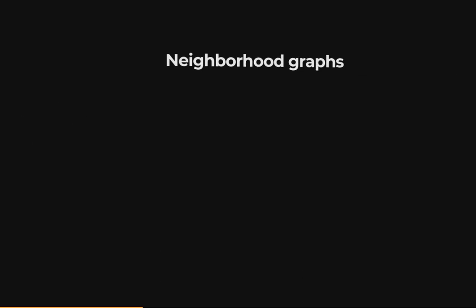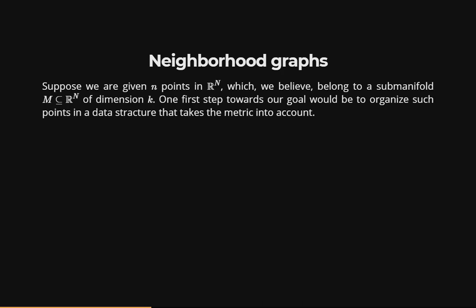Now, usually you don't have a manifold. You have some data points which you think lie on a manifold. But you have just points, a finite number of points. So the first step in almost every one of these methods is to build what is called a neighborhood graph. We have n points in Rn, and we believe they belong to a submanifold M of dimension k.